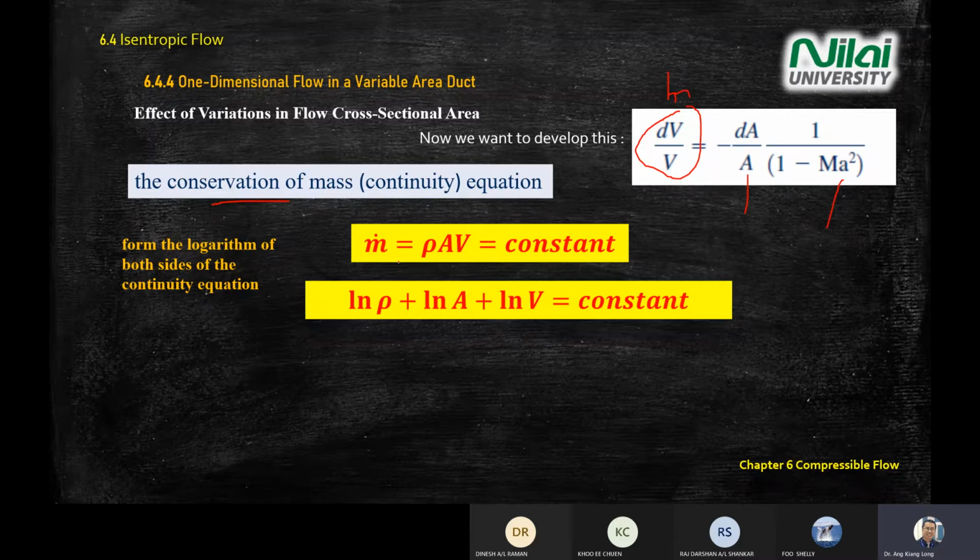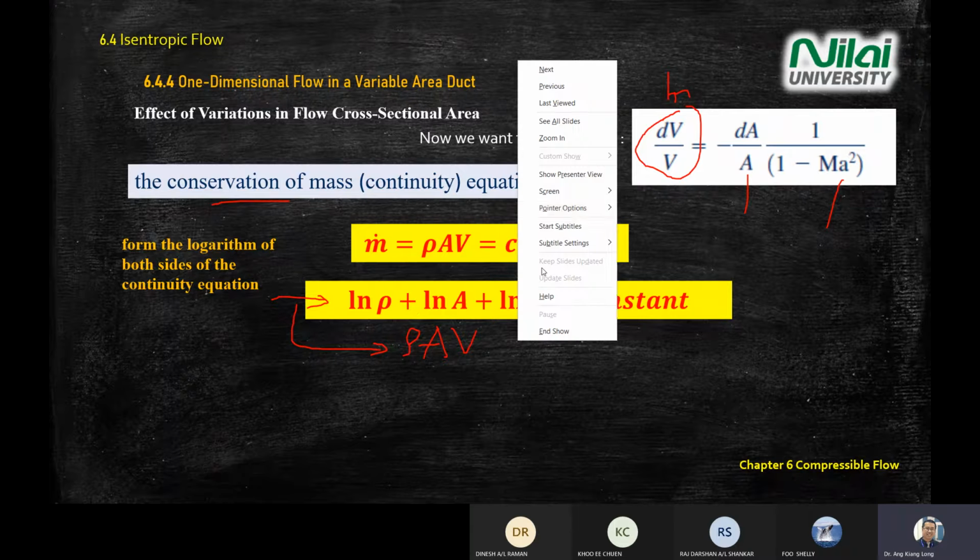So we rewrite the conservation of mass in terms of ln: ln rho plus ln A plus ln V, basically you still get back rho AV. Again, if you forget what the ln operation is, please flip back to your advanced mathematics log chapter.